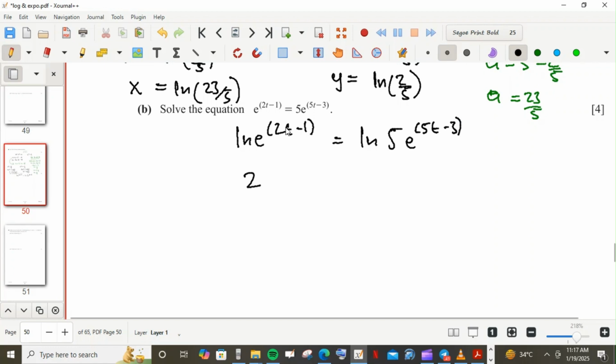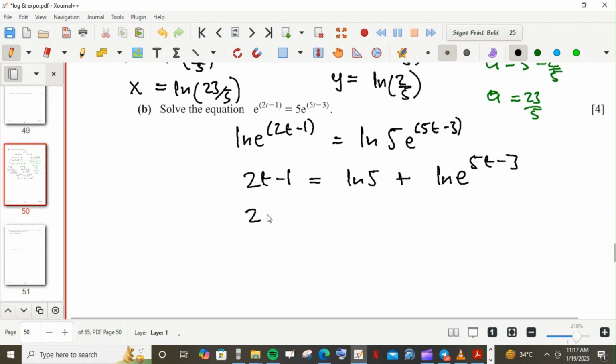So the power will jump down. So I'm going to get this ln 5 plus ln e to the power this, right?